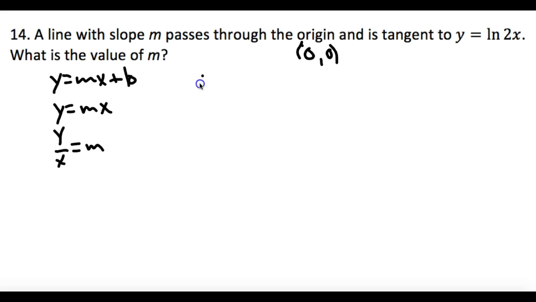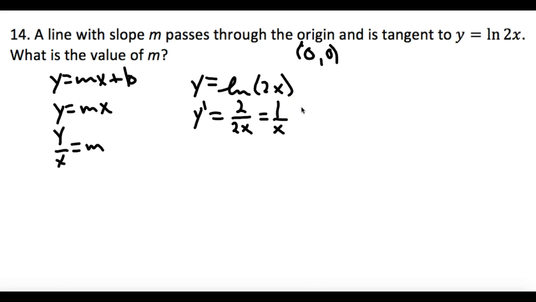If my original function is natural log of 2x, its derivative, y prime, will be the derivative of the inside over the inside. And I can cancel out those 2's and just make this 1 over x. So my y prime, that's the same thing as m, my slope, right? So I can say that m is equal to 1 over x.